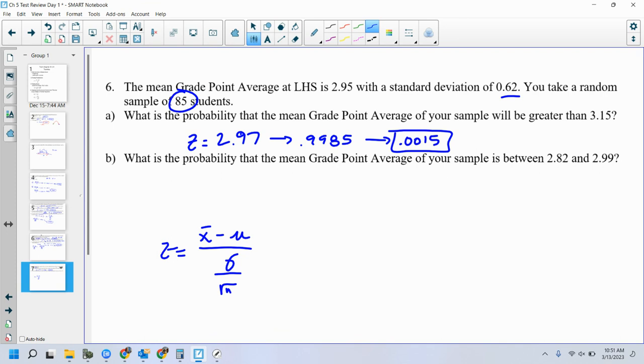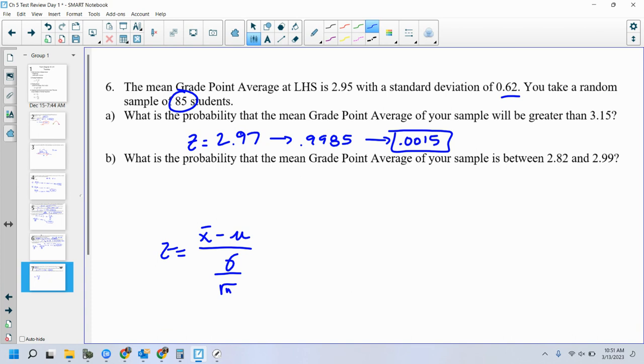So if I said my sample was 300, that 3.15 would be way out there. If I said my sample was 10, that 3.15 is a little bit more reasonable. Does that make sense?